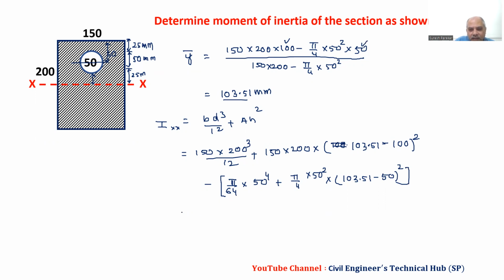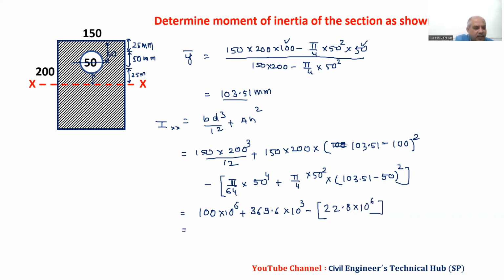And from this we will get this value, equal to, first value we will get 100 into 10 raised to 6, plus we have the second value, that is 150 into 200 into 103.51 minus 100 whole square. So this comes to 369.6 into 10 raised to 3, minus, in bracket we have this value 22.8 into 10 raised to 6.